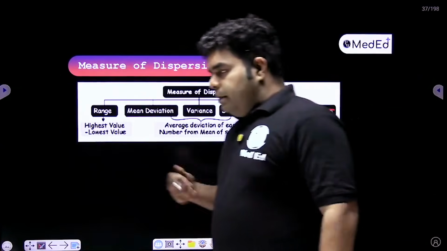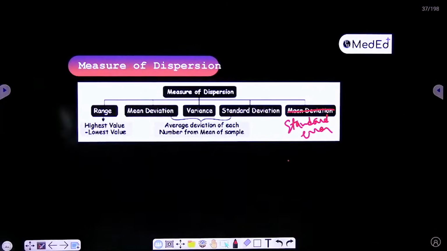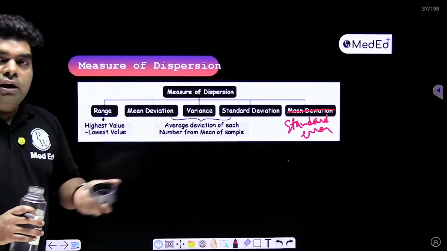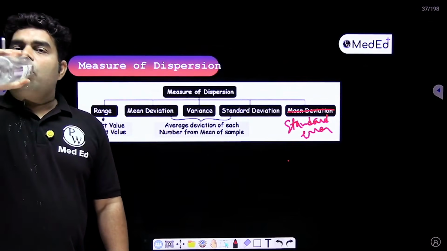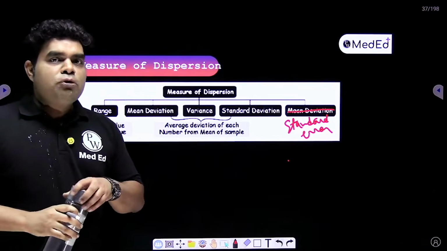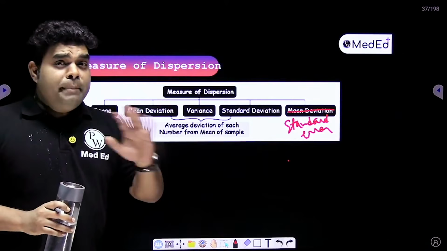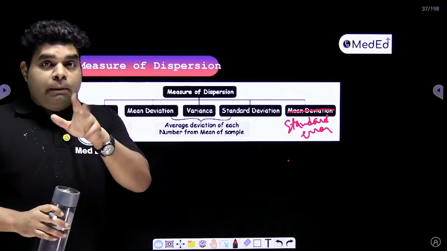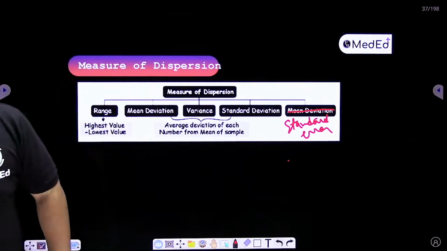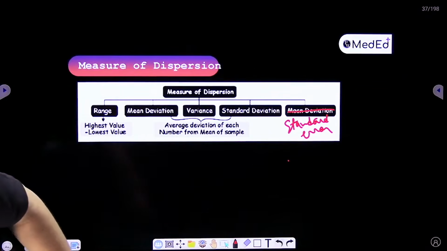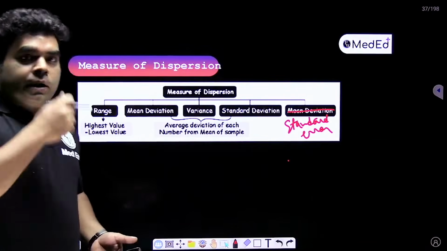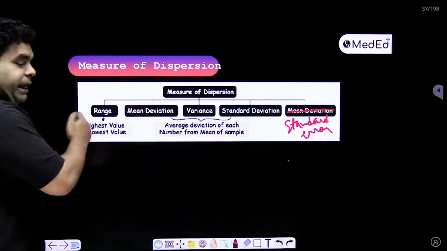Now, to understand this concept better, we can use an imaginary situation. Suppose I am going to give you a big party after the class. Suppose is the main word. And in that party, there is all kind of drink. So how much is the minimum and maximum which you can drink? That is the range, maximum minus minimum.